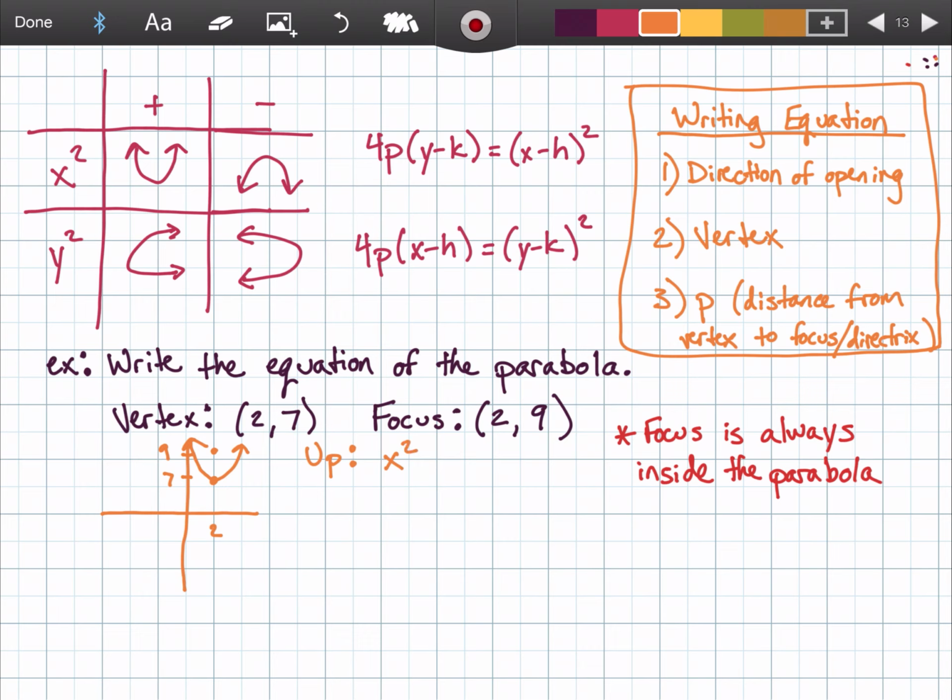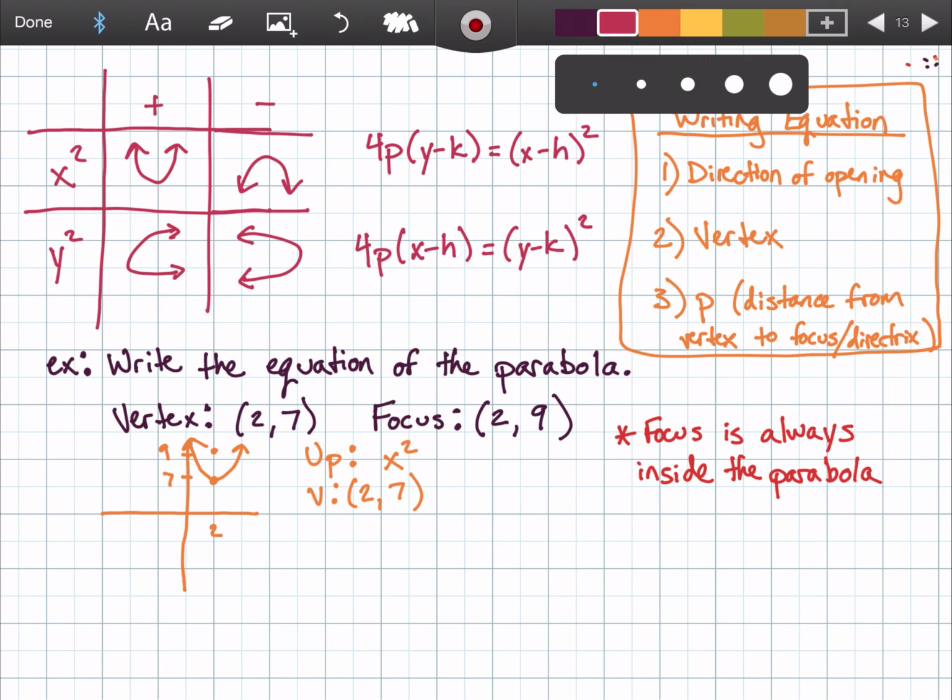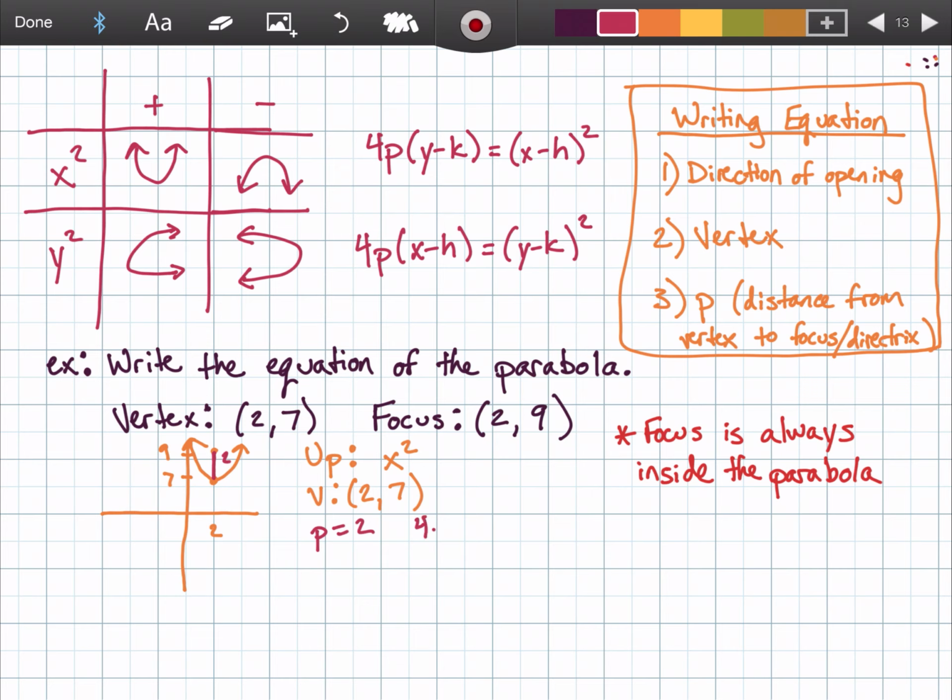The second thing is our vertex. Well, hey, we got that: the vertex is 2, 7. And as for p being this distance, how far is it to get from 7 to 9? That is 2. So I know that p equals 2. For our equation, we're going to need to multiply that by 4, which gives me 8.